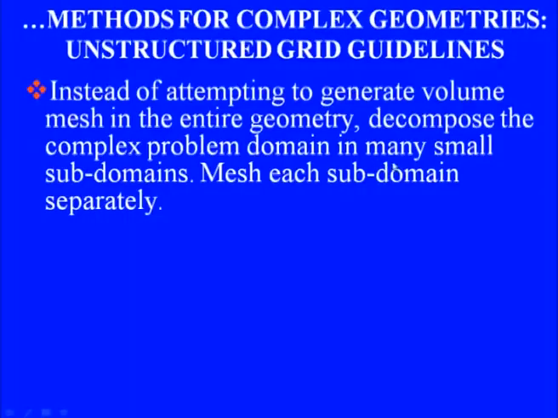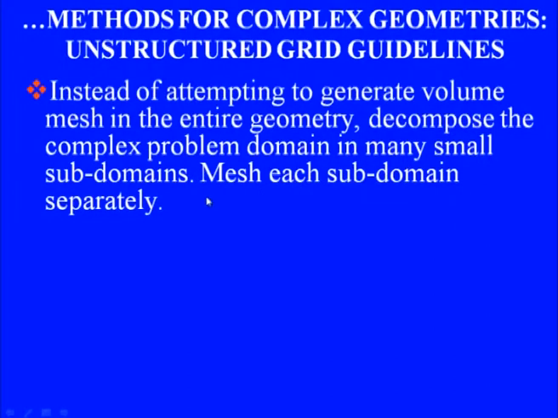Now this would be what I would term a lazy bone approach. We would be able to get a grid, but that would not be a good quality grid which we would require for our numerical simulation process. So instead of attempting to generate the volume mesh in the entire geometry, what we should do is decompose the complex problem domain into many small subdomains and then mesh each subdomain separately.